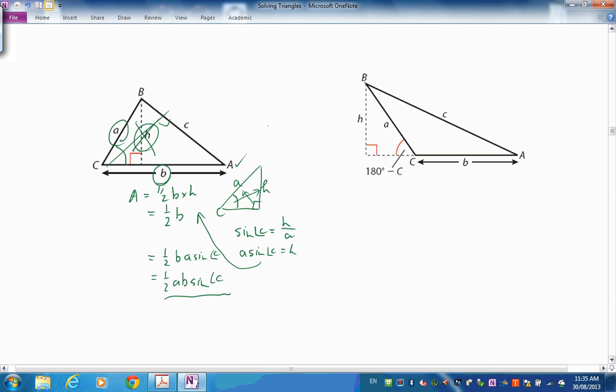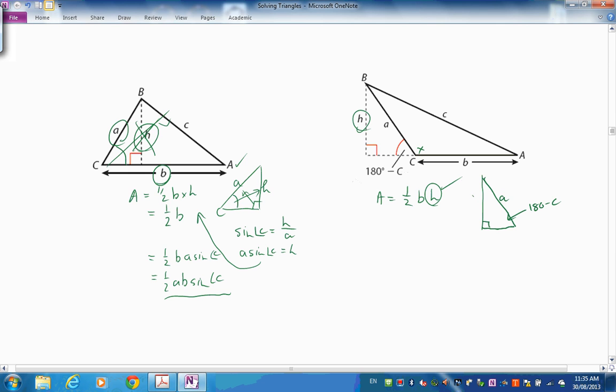That's interesting. Okay, what about over here where the height is external? Let's have a look at it. The area is a half base times height. We don't want to have to find that. Let's put the right angle triangle here that we have. Let's just get rid of this. So if we go down here, in the right angle triangle that we've got, this time the angle is 180 take the angle in here, which is C, the sum of adjacent angles on a straight line.